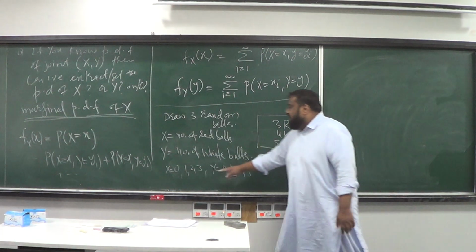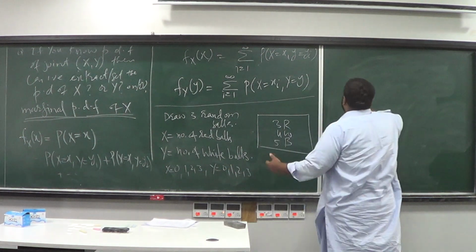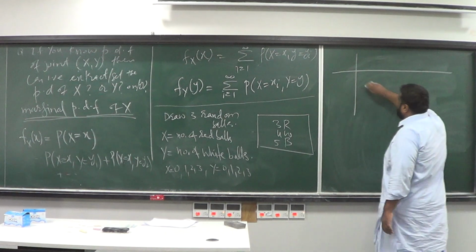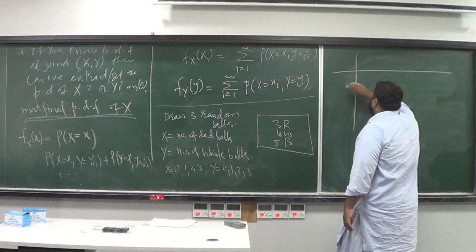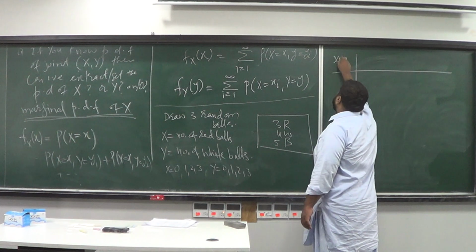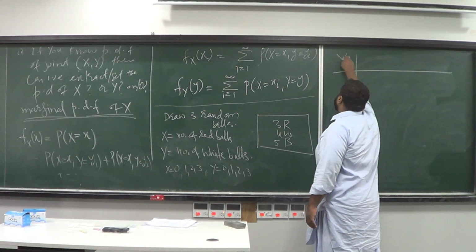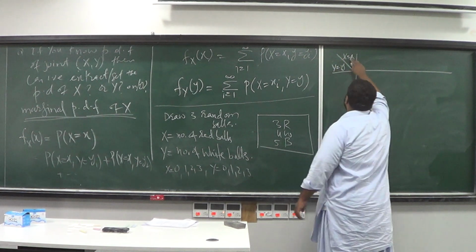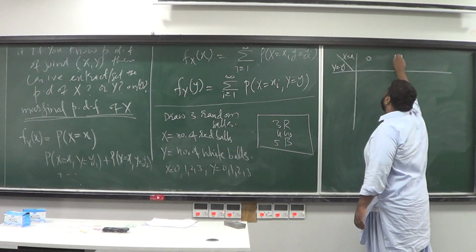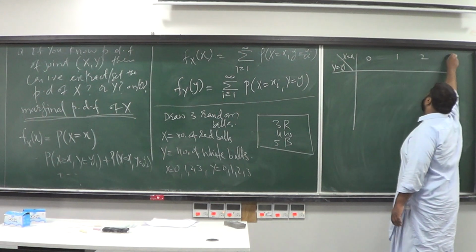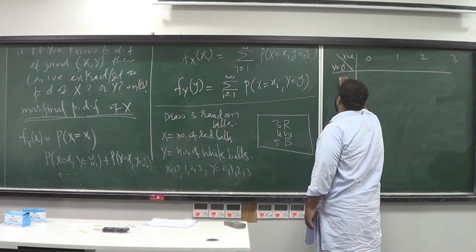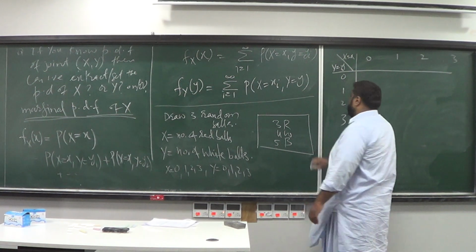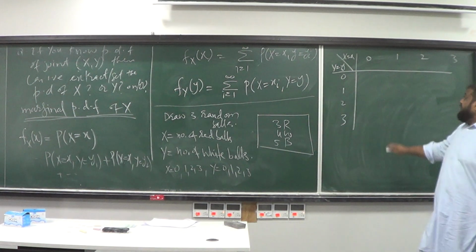Okay, so in other words, the best way to put it is to make a table. So let's take X that takes values, for example, x, and Y takes values y, while the small x could be 0, 1, 2, and 3, and small y could be 0, 1, 2, and 3. Okay.